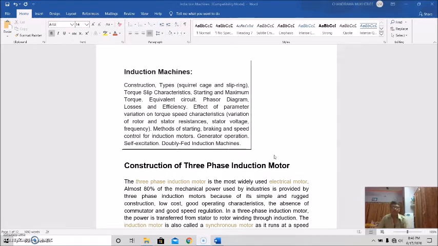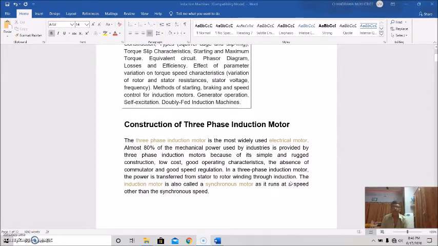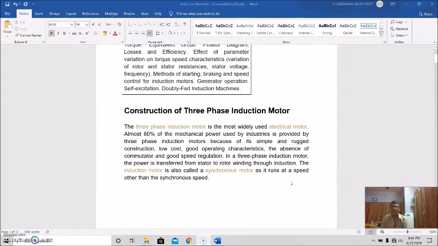So let us start with the construction of the three-phase induction motor. The three-phase induction motor is the most widely used electrical motor. Why am I calling it the most widely used? Because almost 80% of the mechanical power used by industries is provided by three-phase induction motors.